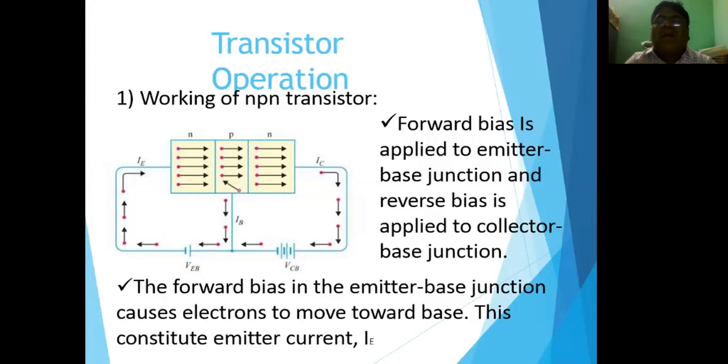If current is passing in the base, it is the base current. If current is passing in the collector, that is the collector current. In our NPN transistor, whenever positive voltage is applied between emitter and base junction, the electrons move toward the base. That constitutes some current, called the emitter current.